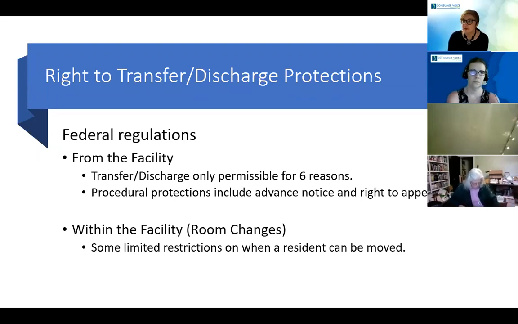And in a number of states, it is actually the ombudsman who represents the resident. And I will say that ombudsmen are often very successful in winning these cases. But the important thing to remember is you have the right to appeal.